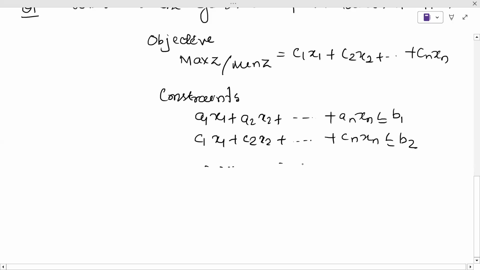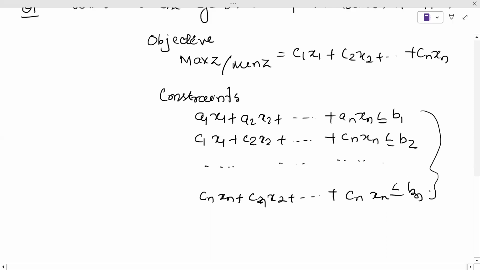And continuing this process, up to the last one, all these terms less than or equal to Bn. Just see this value. Objective function and constraints when combined is called the linear programming problem, or this is the general form of the LPP.